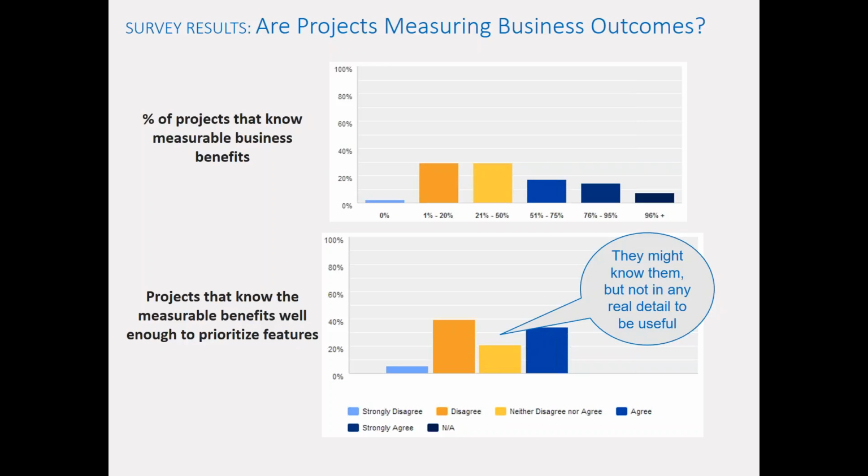I would say there's a mix as to whether projects know what the outcomes are or aren't, right? That's not so surprising. But typically, even when they do have them, you kind of see towards the left of that chart, more often than not, they're not really defined well enough that they could be used to prioritize things. So they have some vague idea of the outcomes, but they're maybe not crisp enough to be used in prioritization.